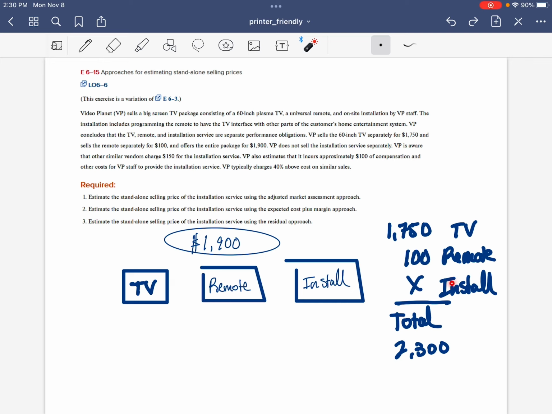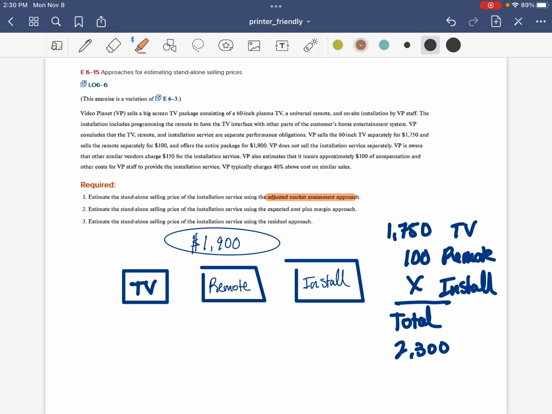Because we don't know the install, we have to estimate it, and there are 3 ways of doing it. We could use the adjusted market approach, which basically says use the competitor's price. We'll just cheat off of our competitor. What are they selling it for?